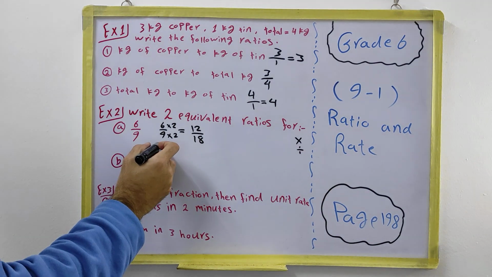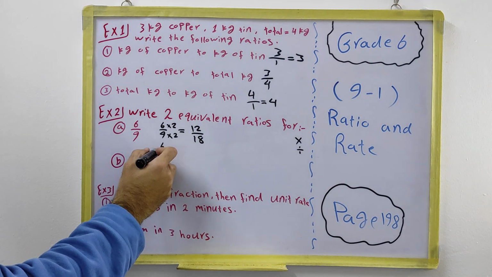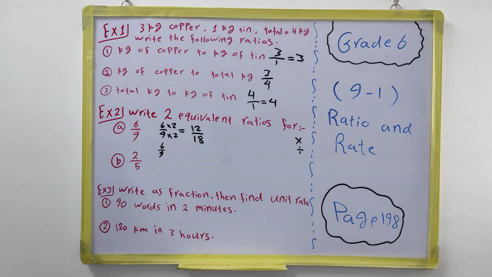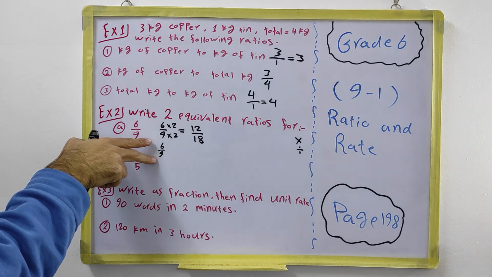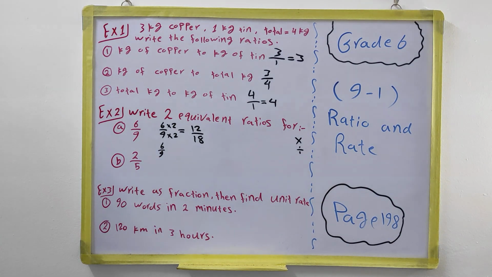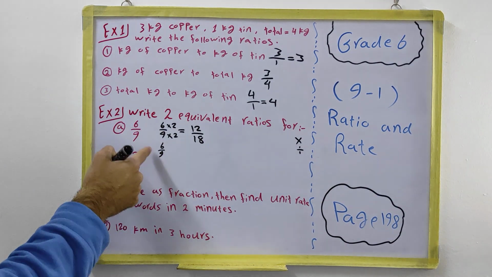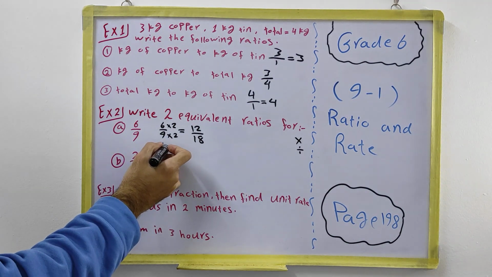To find another one, it's your choice whether to multiply or to divide. But in dividing, both numbers must be divided by the same number, and it's not always possible. For this example, it's possible to divide both by 3.